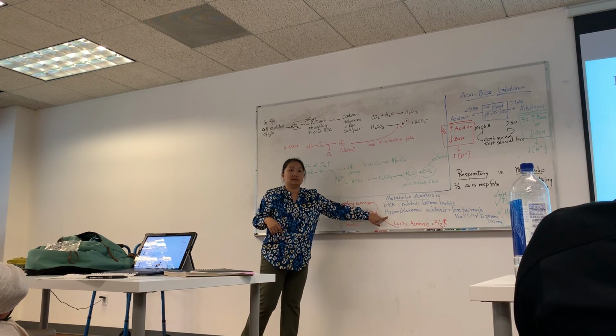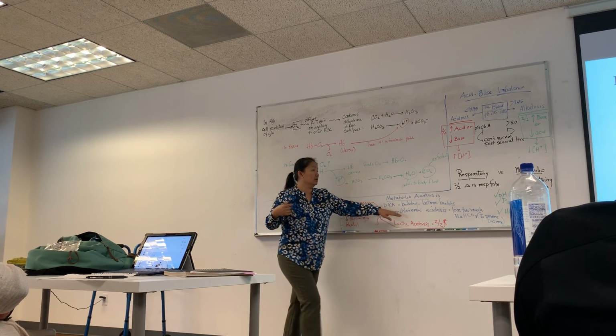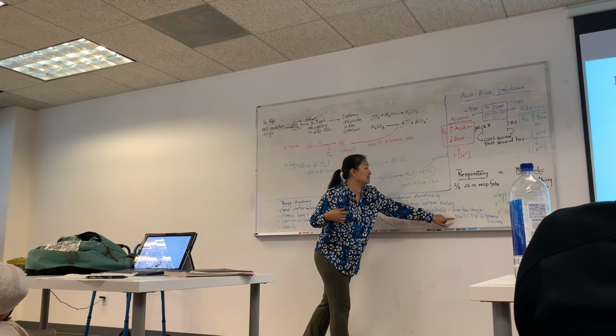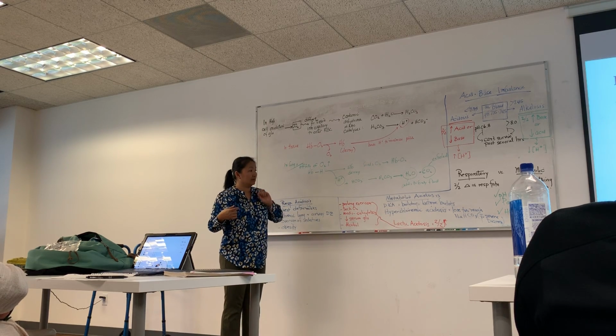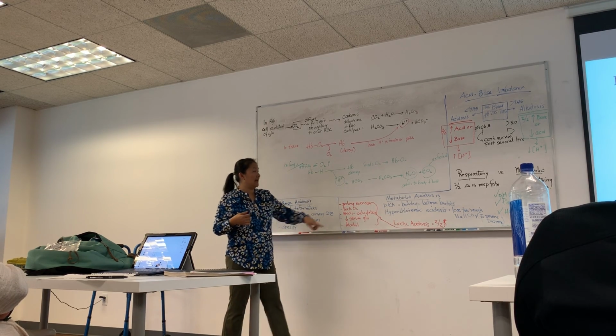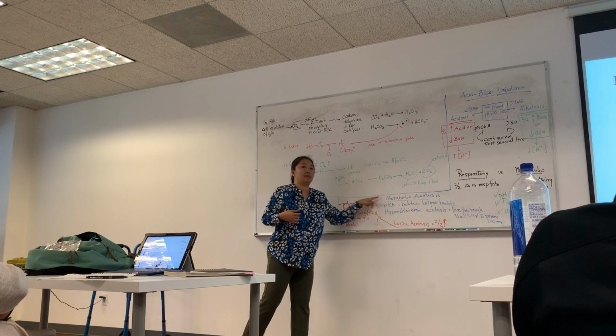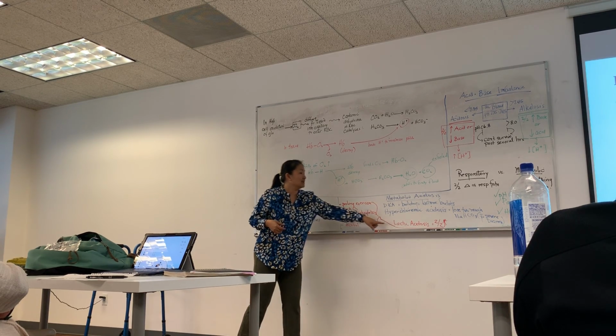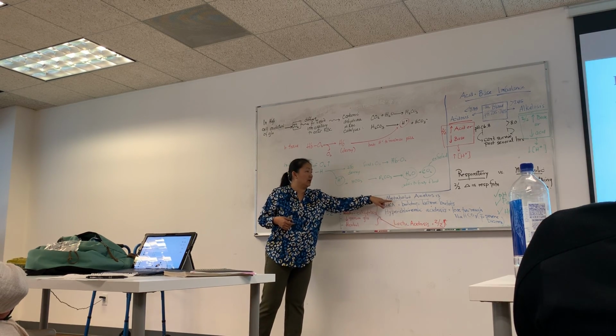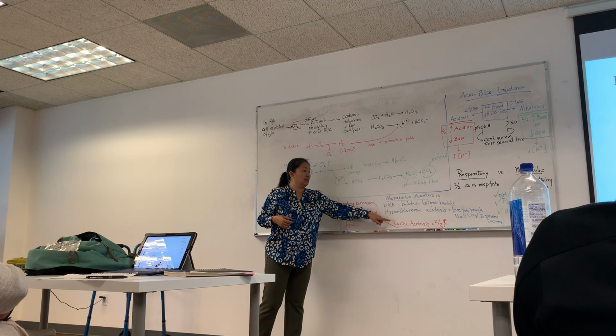Hyperchloremic acidosis. That's the example of excess vomiting. You lose too much sodium bicarb after severe diarrhea, so you're going to be acidotic, and it's going to be a metabolic cause. Causes of lactic acidosis would also fall under metabolic acidosis.